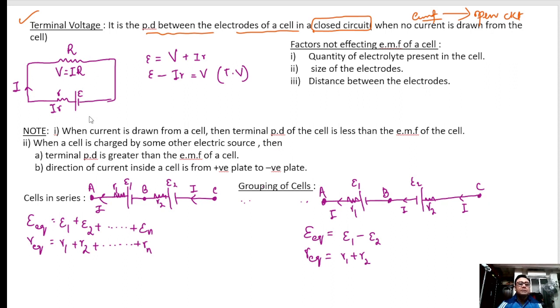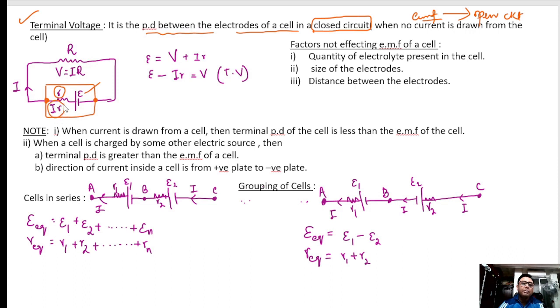So watch here. Suppose this is a battery cell of EMF E, having an internal resistance r, connected to an external resistance capital R. So when current is coming out, first of all, inside the battery there is an internal resistance, so there will be a drop of Ir.